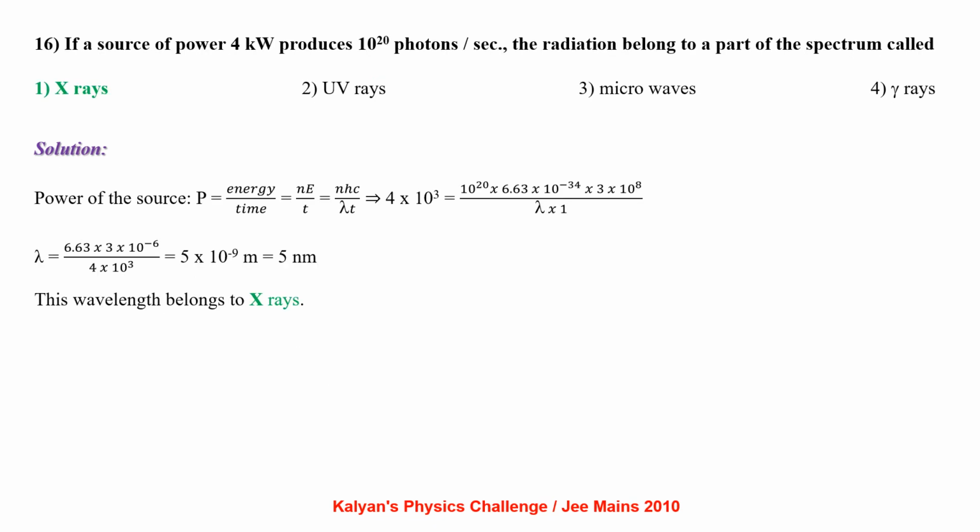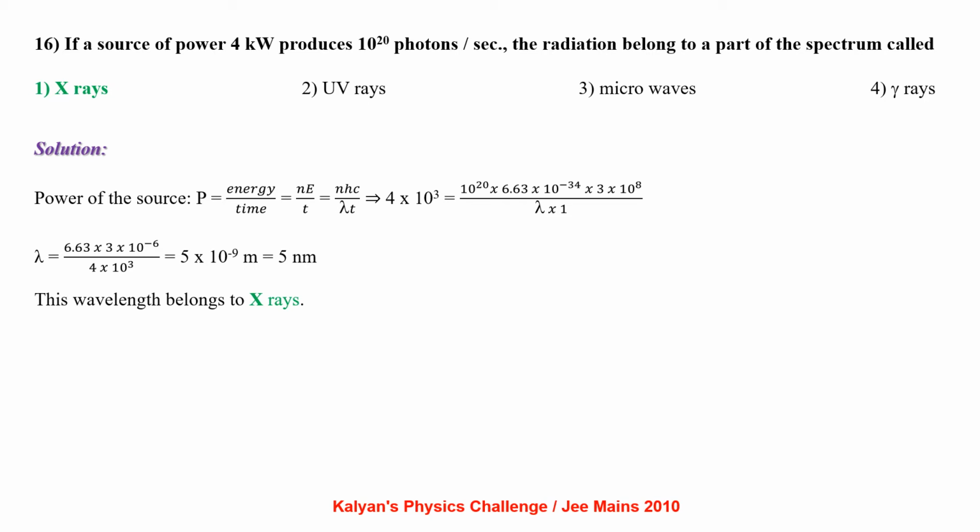If a source of power 4 kilowatt produces 10 power 20 photons per second, the radiation belongs to a part of spectrum called? Power of the source is given by energy by time, that is E by T. Since there are n number of photons here, it is nE by t, that is n h c by lambda into t, where h c by lambda is the formula for energy in terms of wavelength.